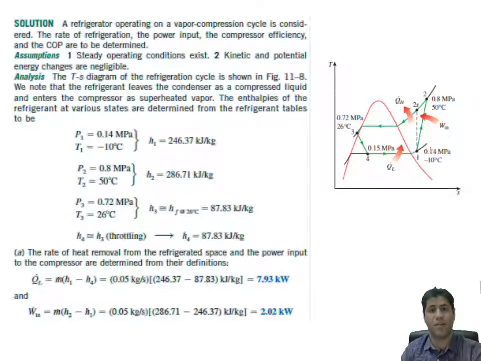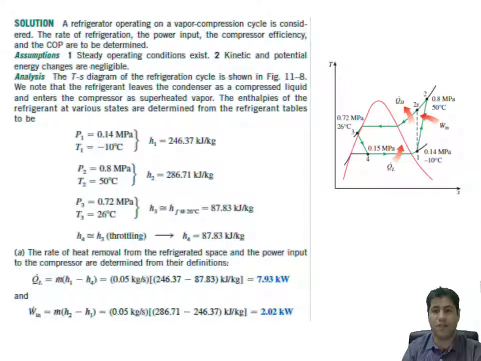And also the compression process is not isentropic in the compressor. Let's see how we can draw this graph. First of all, you know this red line, the dome for R134A, and now we need to find these four different states.